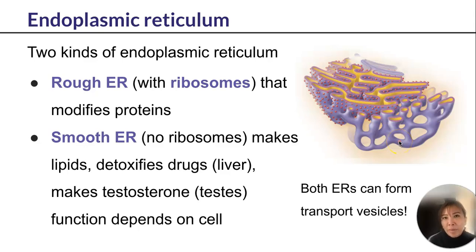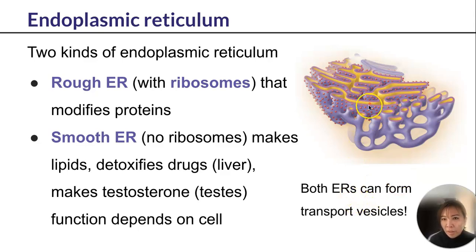If you remember, it's a steroid. The lipid is a steroid, and that's the four fused carbon rings. We talked about that in chapter 3, but that's a type of lipid that the smooth ER within the testes can form. So this function of what it can make and do, such as detoxing, will vary from cell to cell.